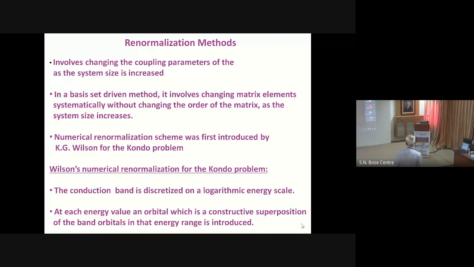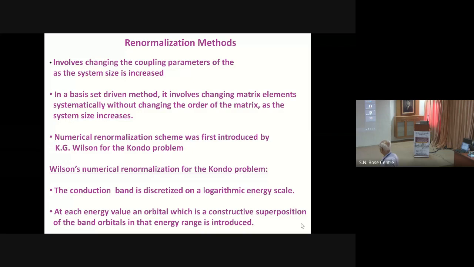The numerical renormalization group was first introduced by Kenneth Wilson in the context of the Anderson impurity problem, not the Kondo problem. Wilson's numerical renormalization for the Anderson impurity problem was the following. He took the conduction band and replaced it by a set of orbitals corresponding to a set of energy levels within the band.